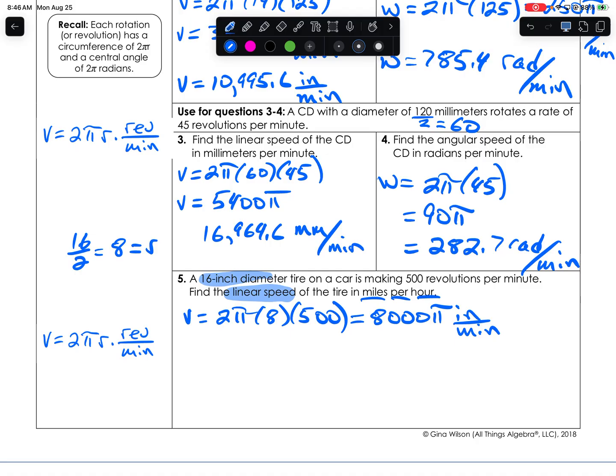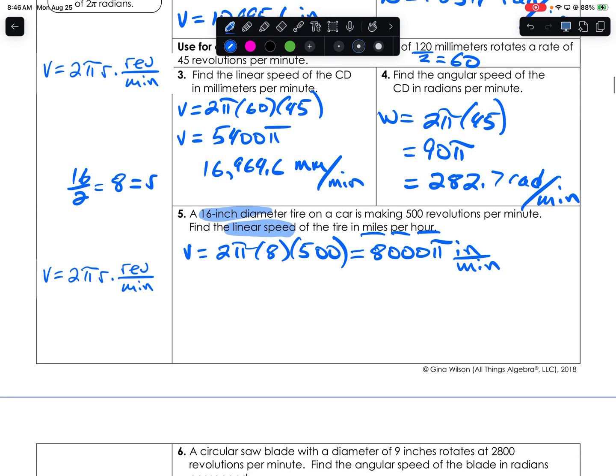I'm going to multiply that 8,000 times pi down here and then do the conversion. So you get 25,132.7. Again, that's inches per minute, and we want to switch to miles per hour. So we have to do dimensional analysis, is what they call it. That term never really made sense to me.